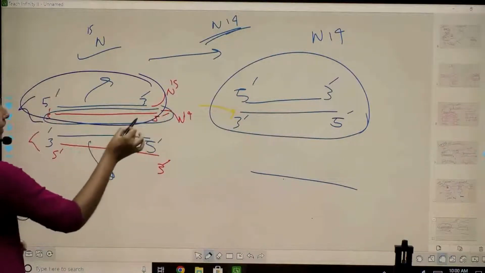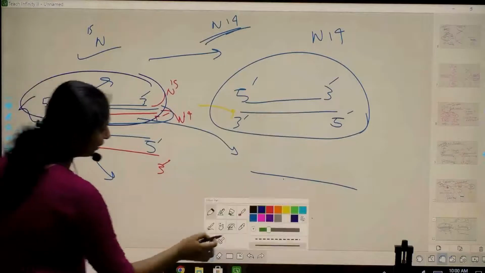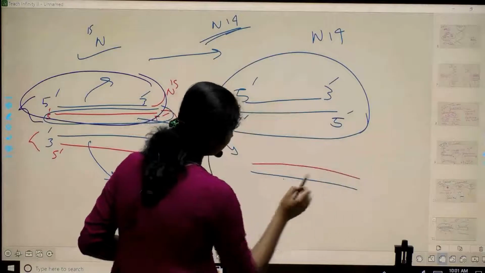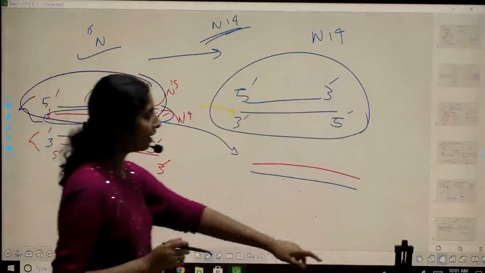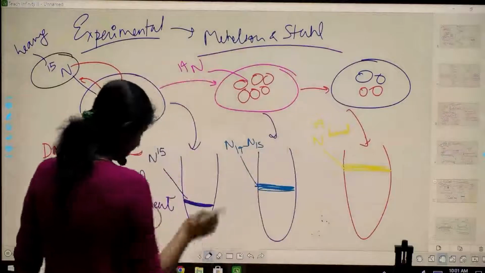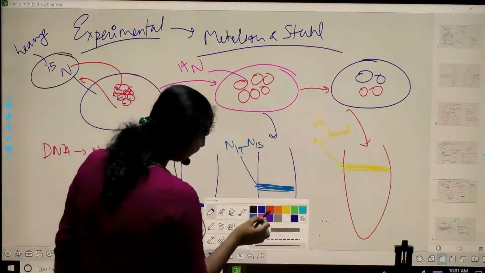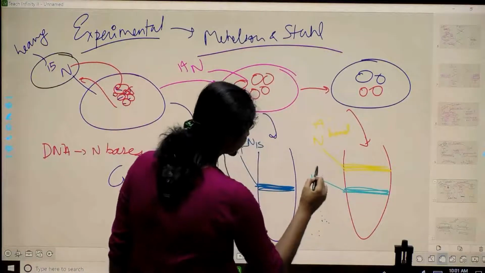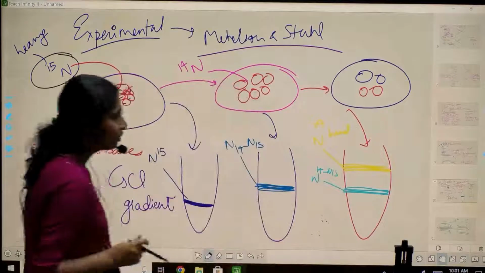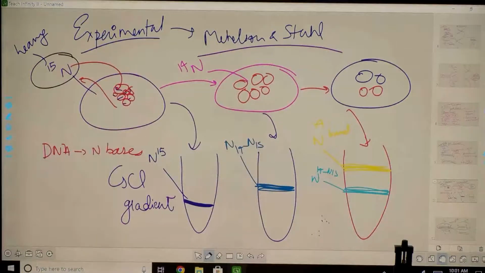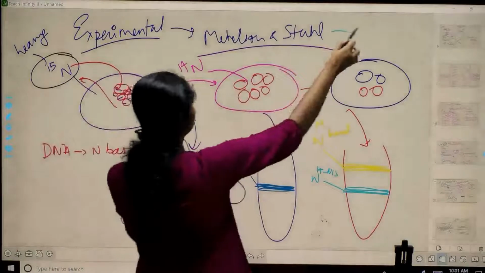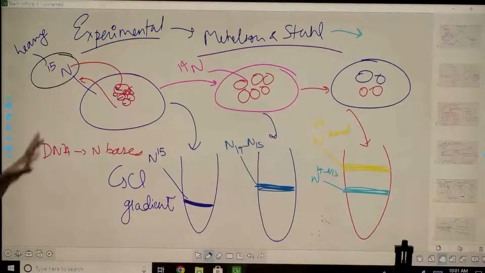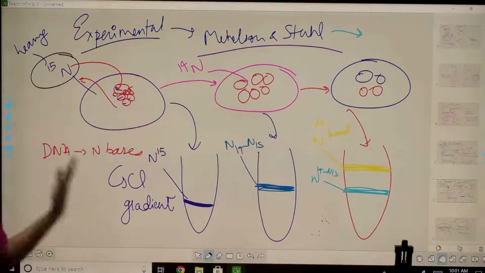So when this strand acts like a template strand, then we are going to get a hybrid. So in the last one, we will get a lighter band and also an intermediate hybrid band. Okay. So now, due to the Meselson and Stahl experiment, they experimentally proved that the model that was given by Watson and Crick, that is the semi-conservative replication model, is the one that DNA replication follows. So this model was accepted.